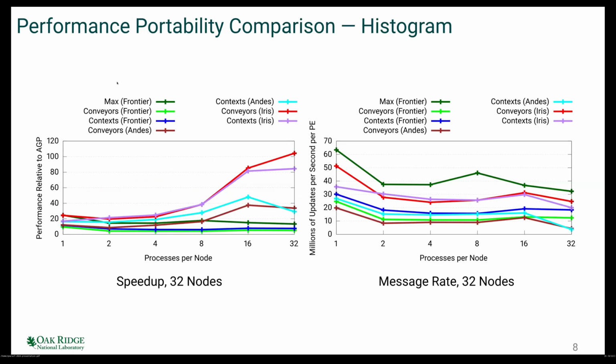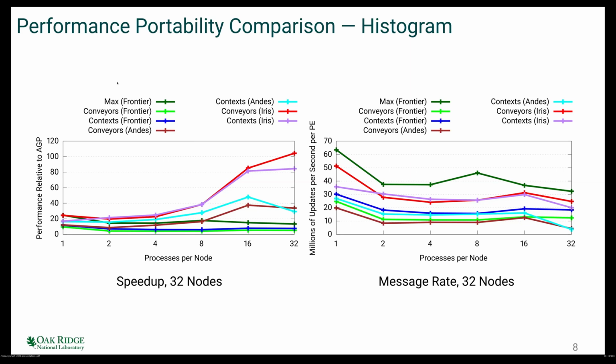But we want to see, how does this compare to the other architectures. And on the left, we have the same kind of graph we were looking at before, where we can see that Iris was the HDR 100 and Andes was 200. And we see that the speed up is actually decreasing as we go along the architectures.